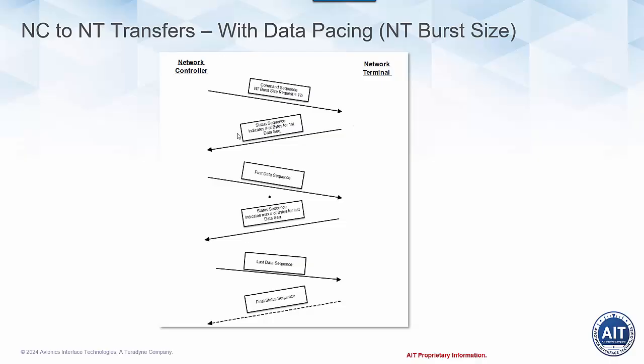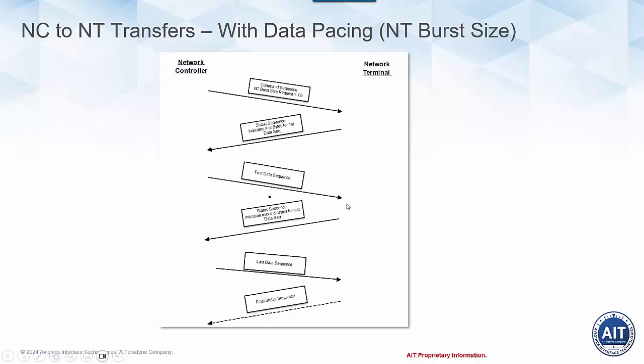burst size acknowledgement bit set, and then it would have in word 7 the number of bytes that it is capable of receiving in the burst of data sequences. Then the network controller would know how many bytes it could send in the subsequent data sequence or sequences.